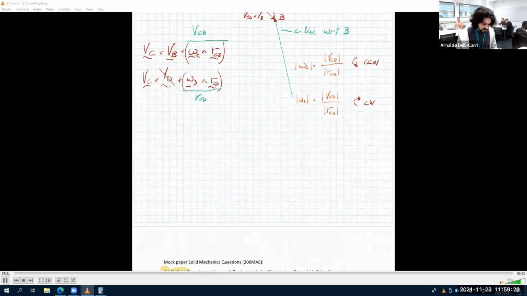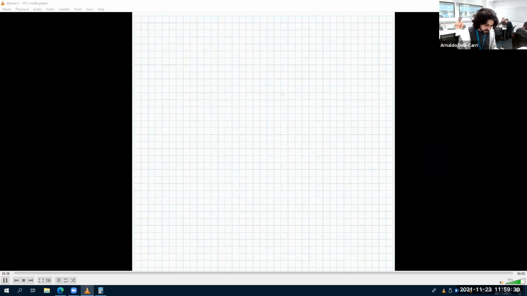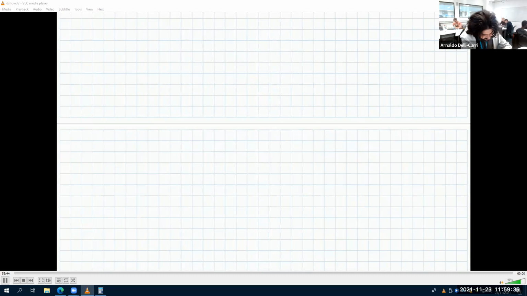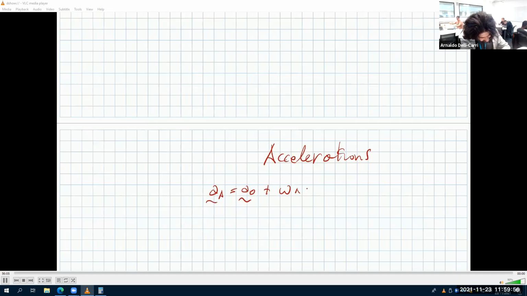We need, though, the acceleration diagram. I'm going to do it here. Let me add the page. For the acceleration diagram, the acceleration equation is: the acceleration of any point is equal to the acceleration of a reference point plus the omega vector cross RAO.